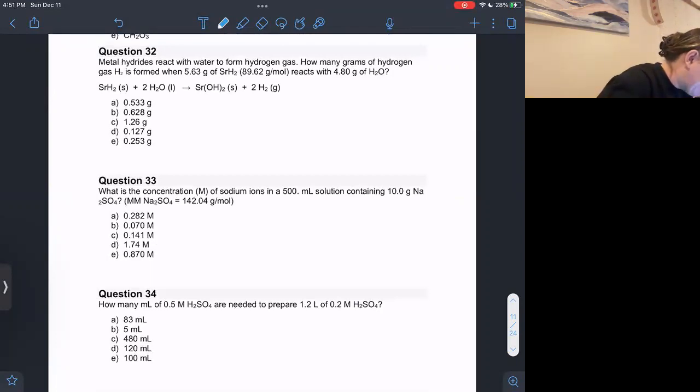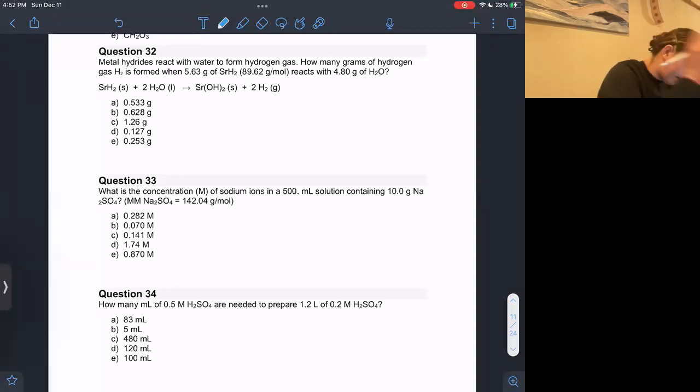Okay. Metal hydrides react with water to form hydrogen gas. How many grams of hydrogen gas, H2, is formed when 5.62 grams of SrH2 reacts with 4.80 grams of H2O? So this looks like a limiting reactant question.